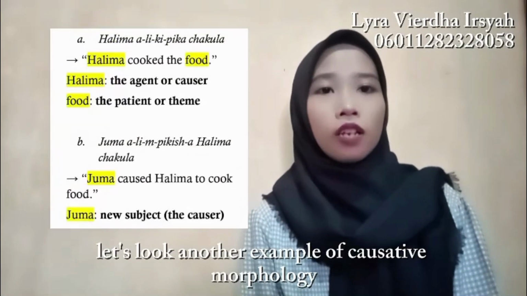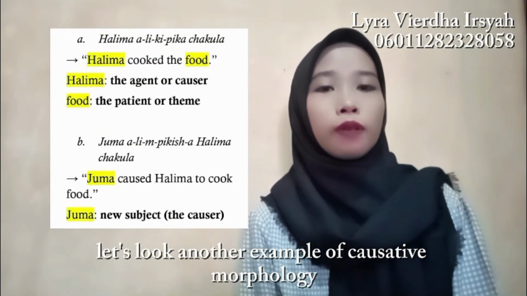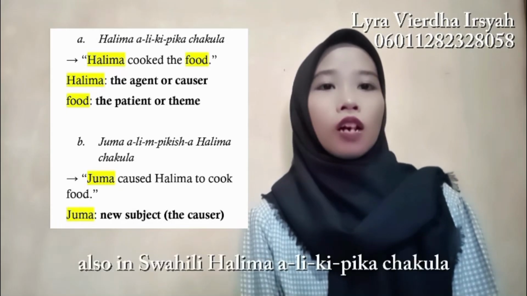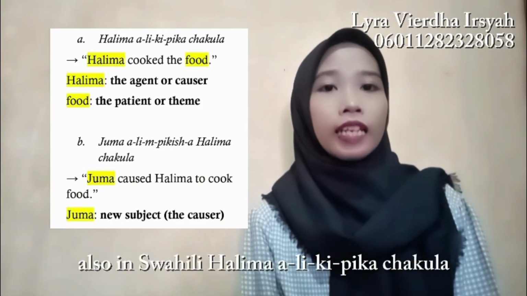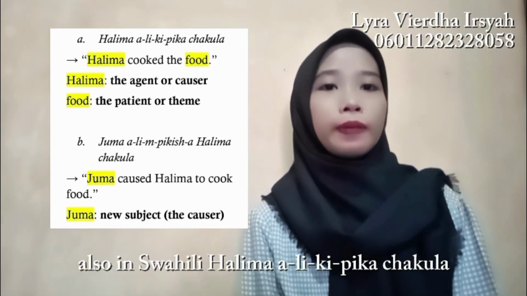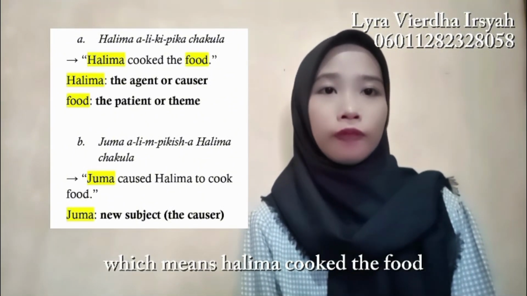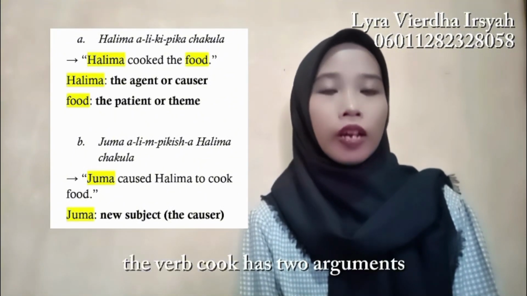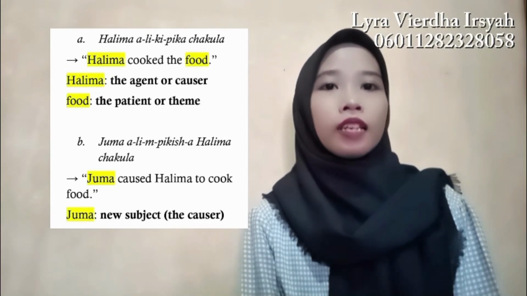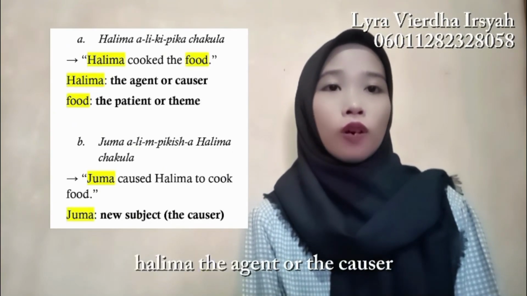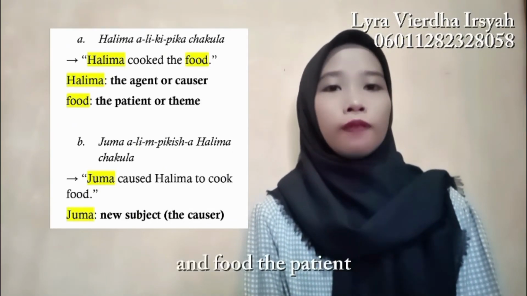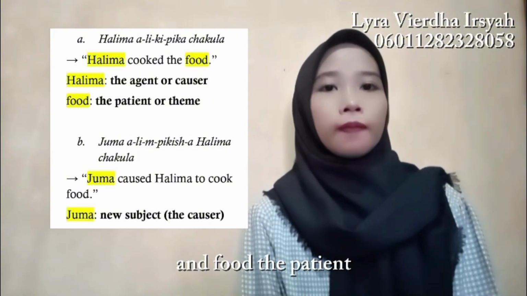Let's look at another example of causative morphology. Also in Swahili, "Halima alipika chakula," which means Halima cooked the food. The verb cook has two arguments, Halima, the agent, and food, the patient.